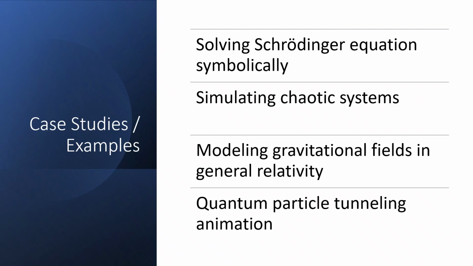Here we can deal with certain problems of solving Schrodinger's equation symbolically and simulating certain chaotic systems. We can handle a couple of problems of general relativity and an interesting animation of particle tunneling or quantum tunneling.